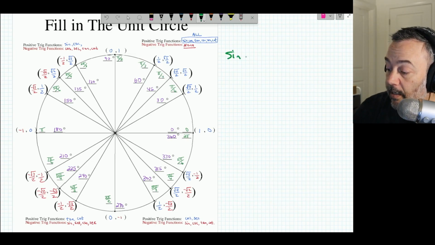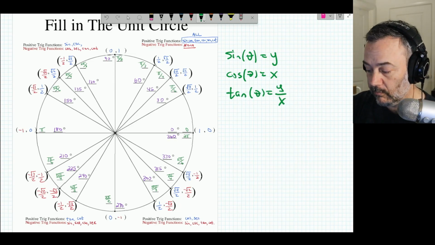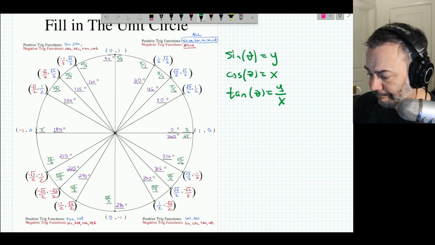So the sine of an angle is always the y coordinate on the unit circle. The cosine of an angle is always the x coordinate on a unit circle. The tangent of an angle is always y divided by x on any circle, and the unit circle as well.